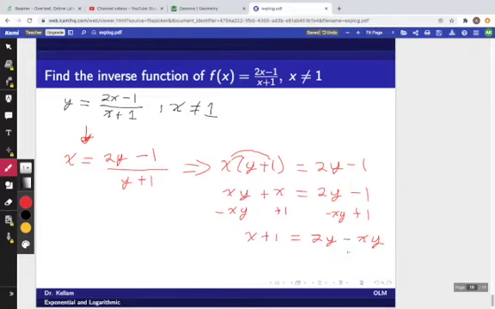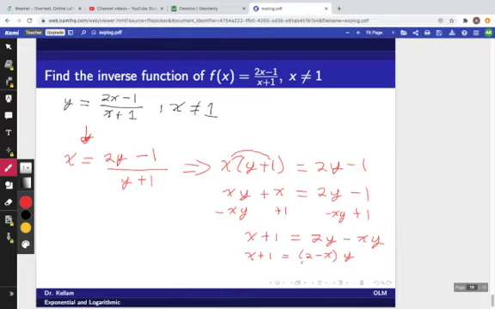Hopefully you see what I am about to do. Excuse me. I'm going to factor out a y. And that's going to leave me with x plus 1 equals 2 minus x times y.